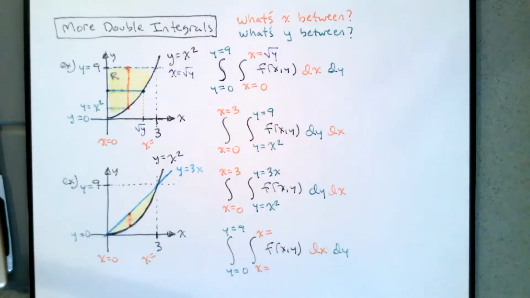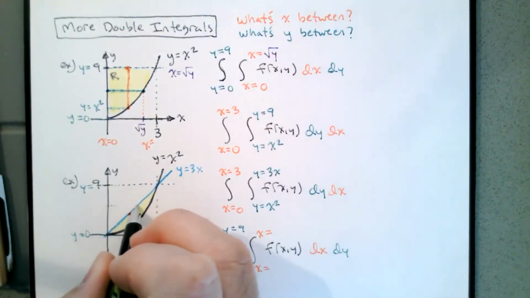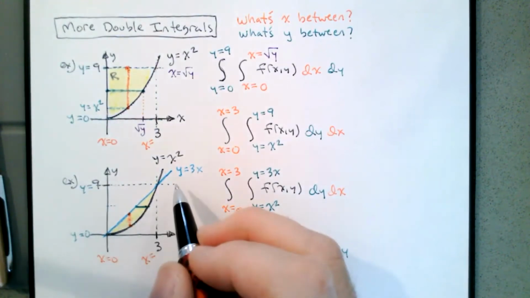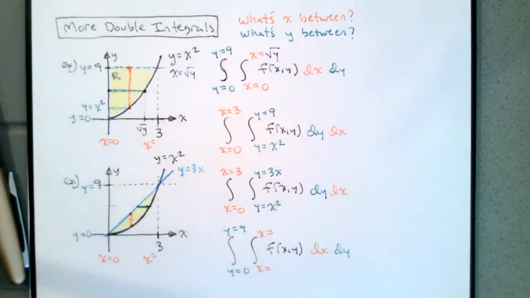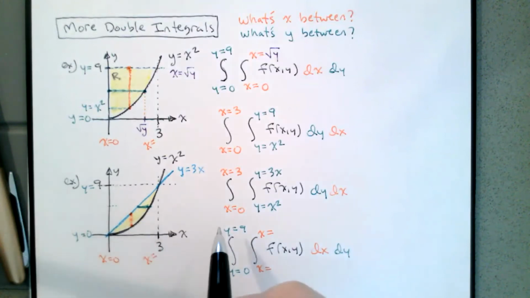So let's pick a generic y value and find the lowest x and the highest x. The lowest x starts at the line, y equals 3x, but I need the x value in terms of y, because I'm starting with a y and figuring out what x values I need.